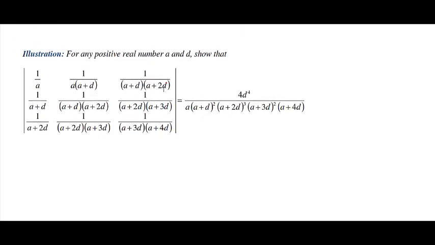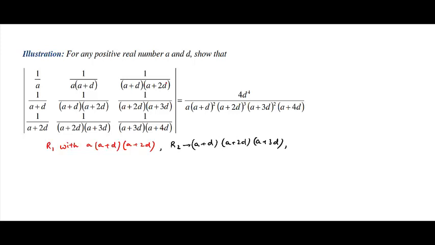And how do I get rid of the fractions? For that I'll multiply the first row with a plus d, a plus 2d. Then I'll multiply the second row with a plus d, a plus 2d, a plus 3d.